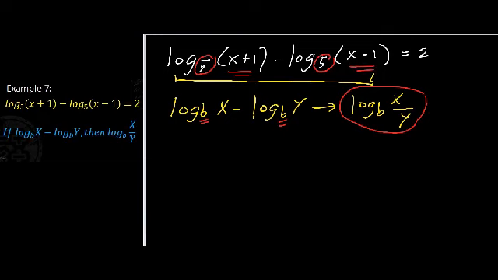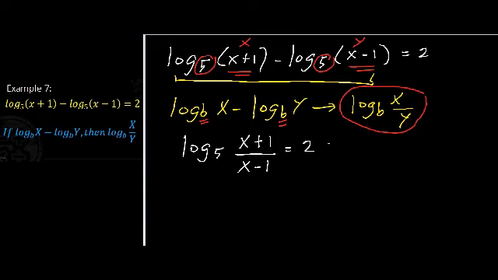Okay, so in this given example, we will have here log base 5 of x plus 1, which is our letter x. So, si x plus 1 yung ating letter x dito. Then, si x minus 1 naman yung ating letter y. So, over x minus 1 is equal to 2.